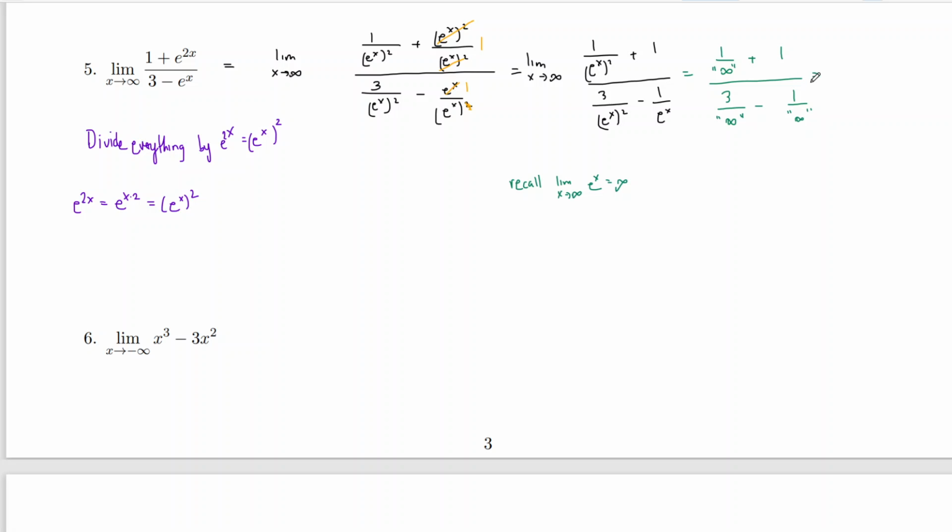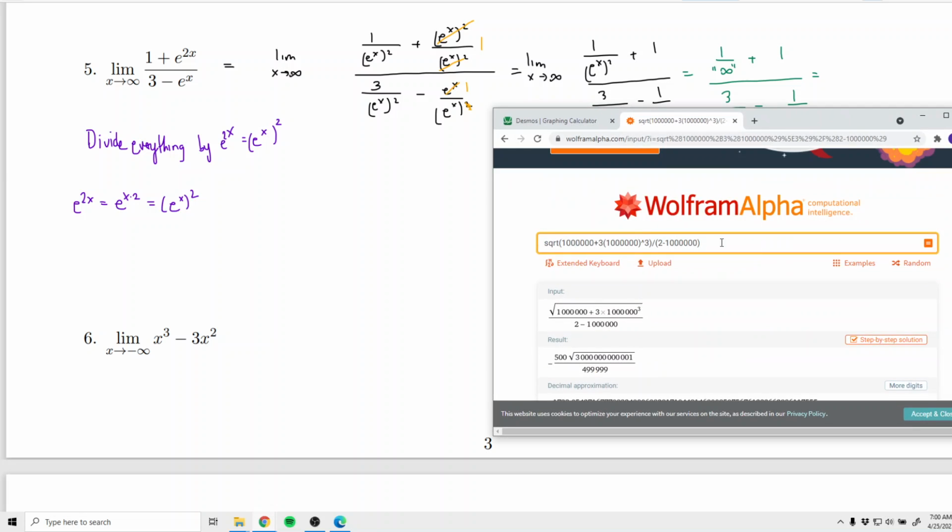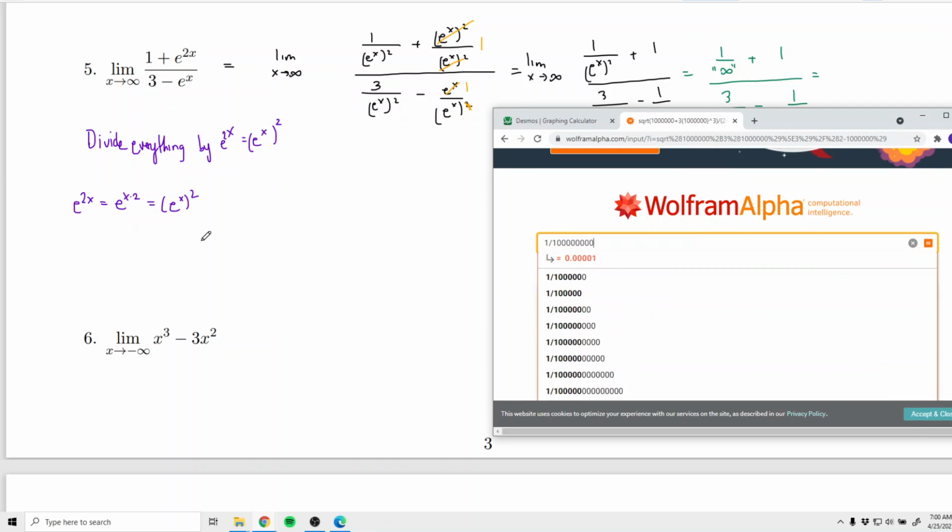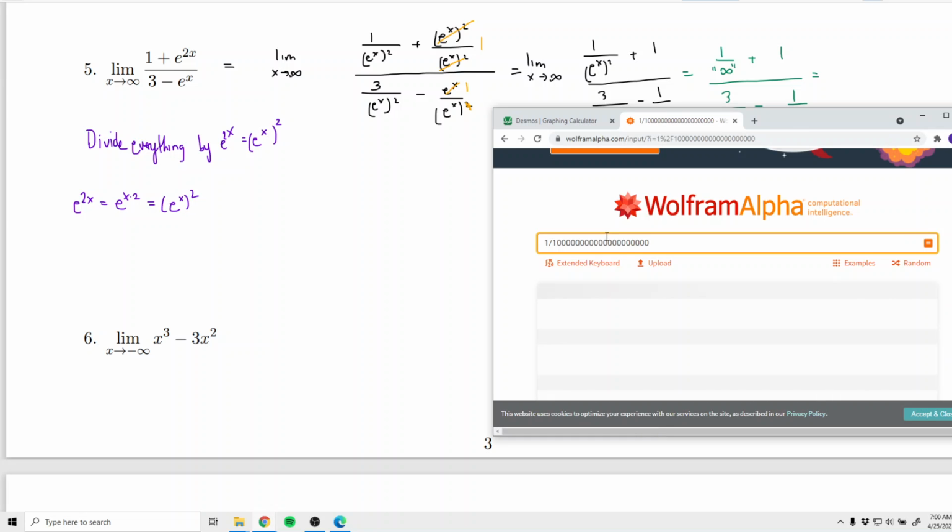Okay. And what is a number over infinity? Well, it's actually 0, because when you divide something by a really big number, you get 0. That's actually what 1 over x to the n being 0 means. To maybe convince yourself of that, just do 1 over a number, and keep adding zeros to it.